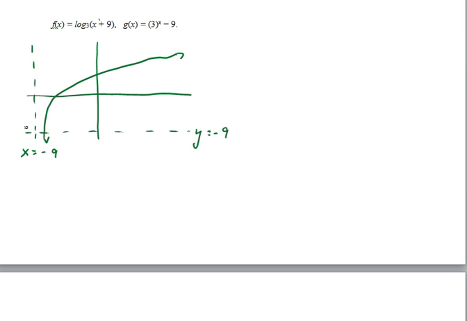And so we'll be having an exponential function. Sorry for that little glitch there.